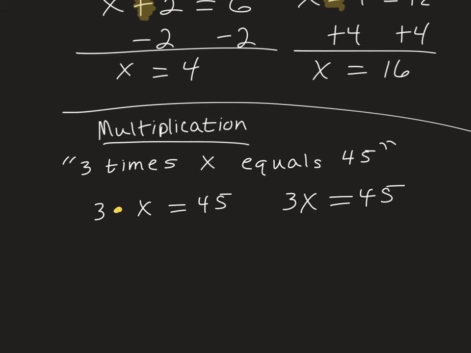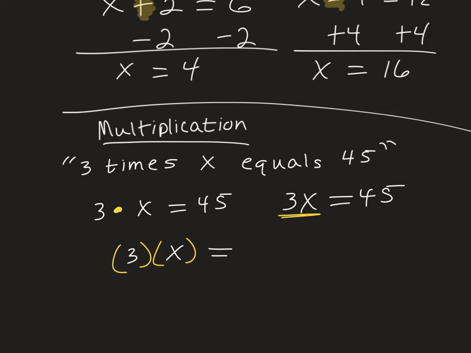So if you see 3 sitting next to the x right there with nothing in between them, that also means multiplication. And another way that is common is by putting the numbers or the variable that you're multiplying together next to each other in parentheses as well.